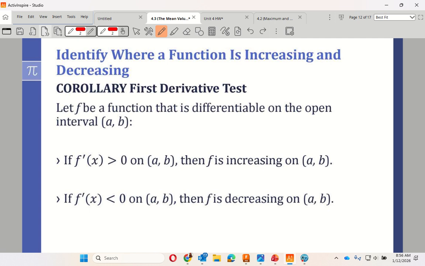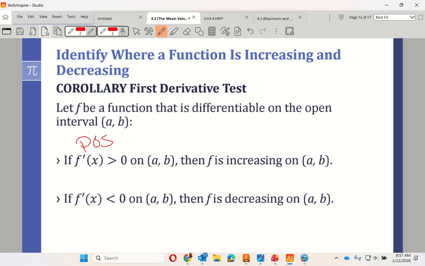So f prime is my derivative, which gives me my slope. If the slope is greater than 0, in words, the slope is positive, then it's increasing from a to b.